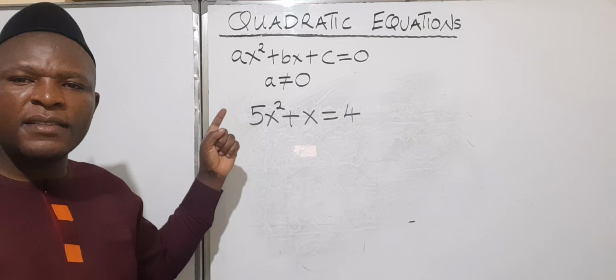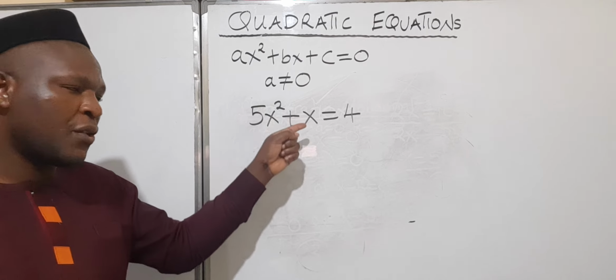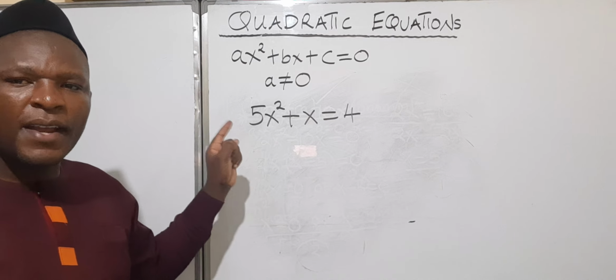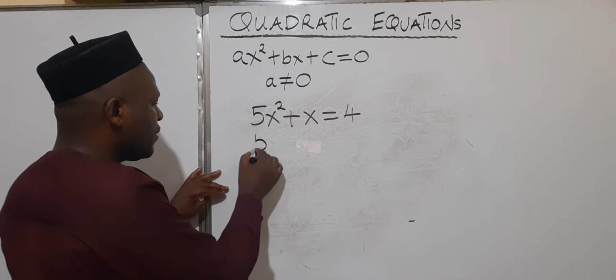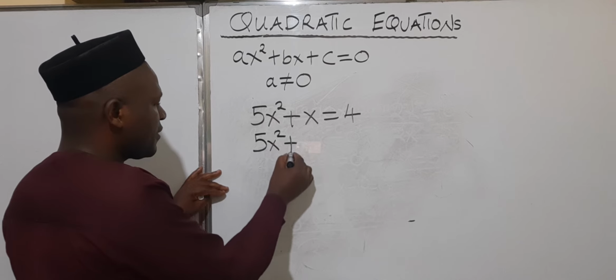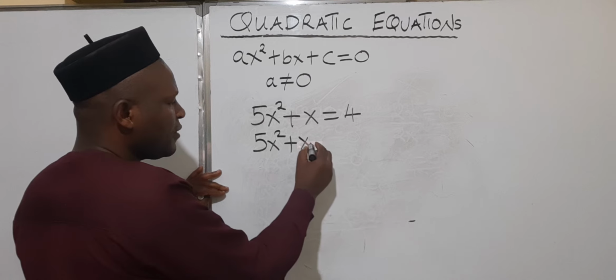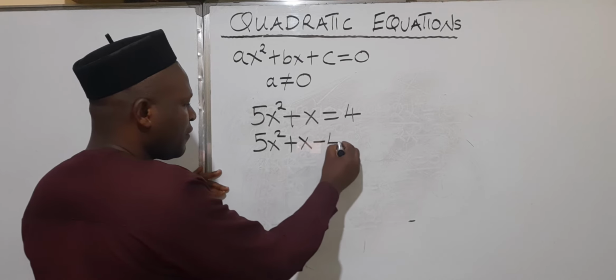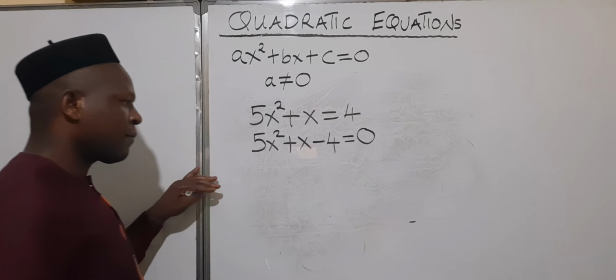What do I mean by saying standardize? Make sure the equation equals 0. This is the factorization method. So what we'll do is 5x squared plus x. This will come this side, the additive inverse. We're going to have negative 4 equals, here we remain with a 0.